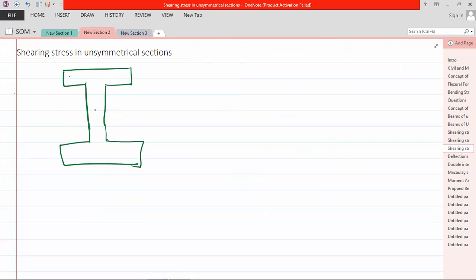So in that portion, take y equal to 0 as the neutral plane. Now this is the upper flange, this is the lower flange, and this is the web.